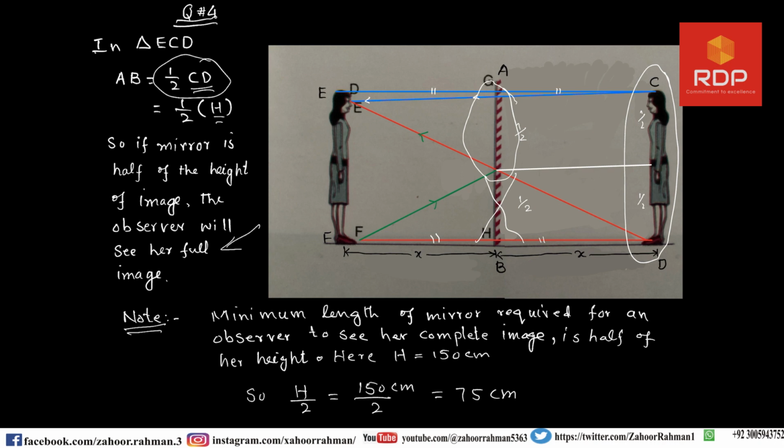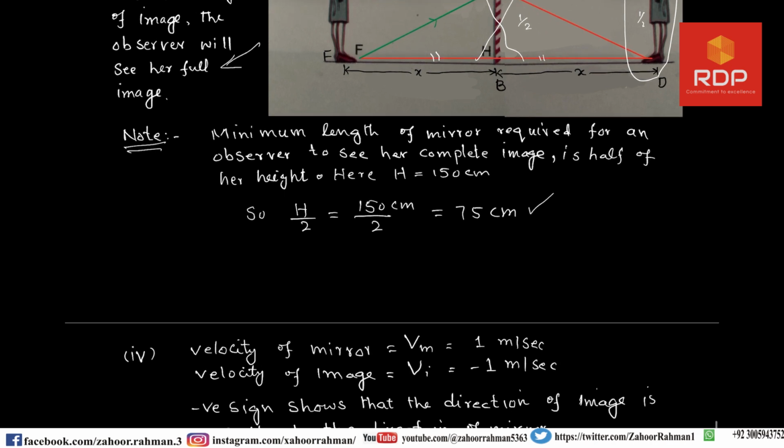Here h is equal to 150 centimeters. So 1/2 of h will be 150 divided by 2, which is equal to 75 centimeters. So 75 centimeters of mirror is required to see the full image.